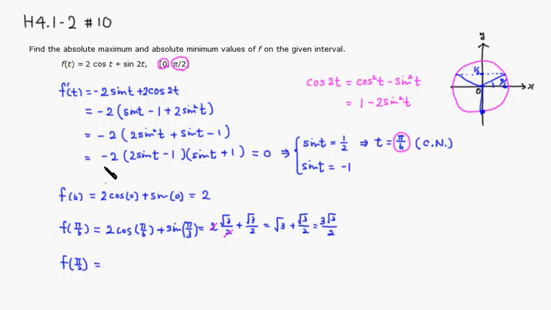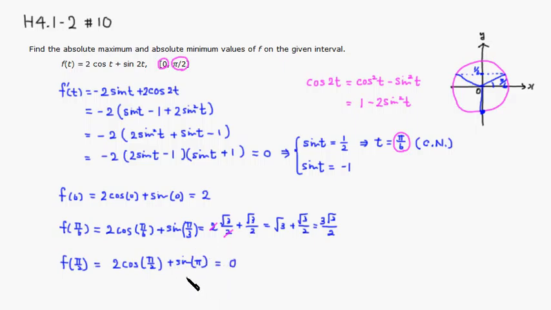And if you evaluate at pi over 2, you have 2 cosine of pi over 2 plus sine of pi, because you have to multiply by 2. Cosine of pi over 2 is actually 0, and the sine of pi is 0, so it's actually 0.